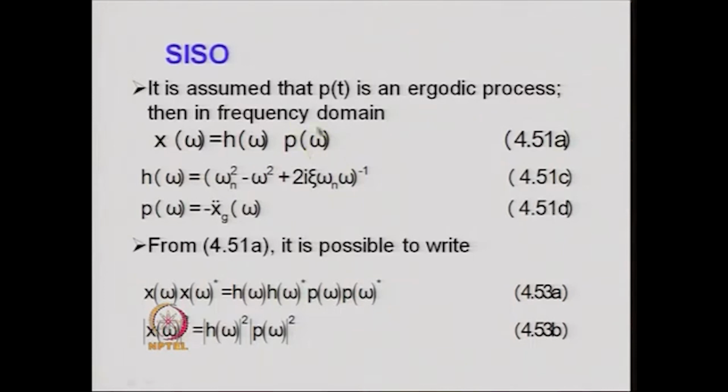In the case of the ground motion or the support motion, P becomes equal to minus m x double dot g. Therefore, p(omega) becomes equal to minus x double dot g(omega), provided we divide the left hand side and right hand side of the equation of motion by m.